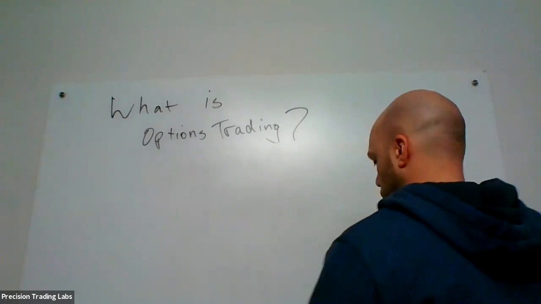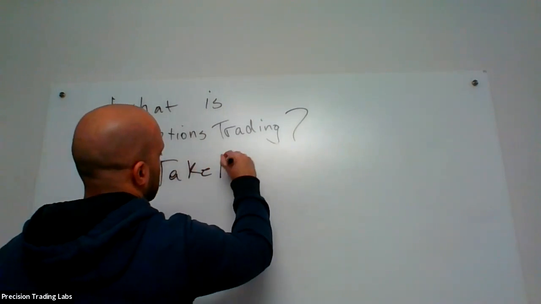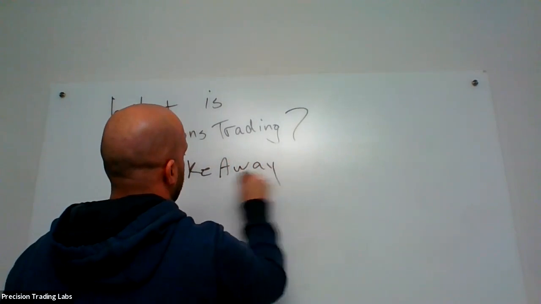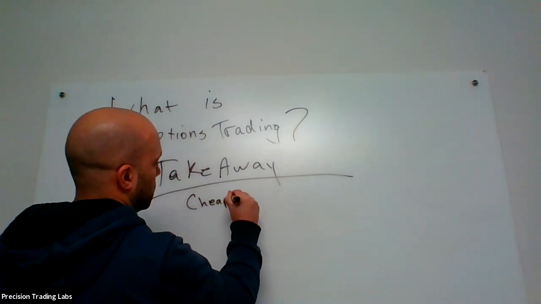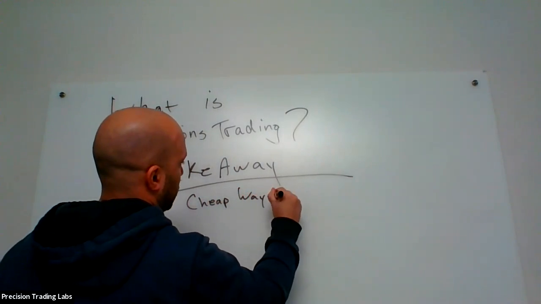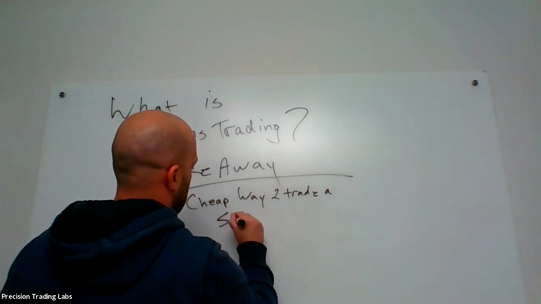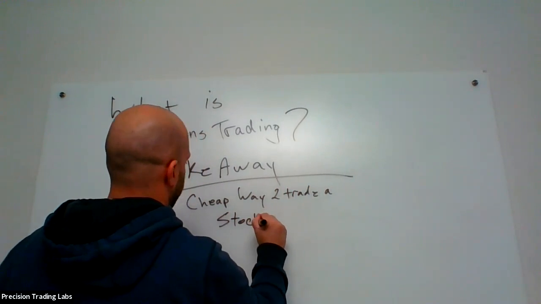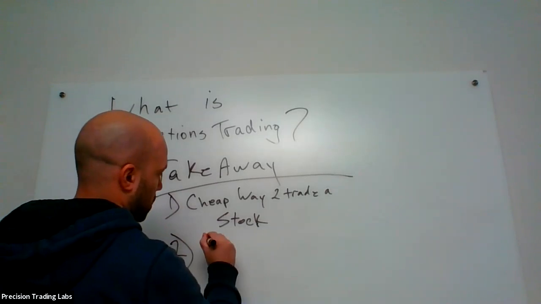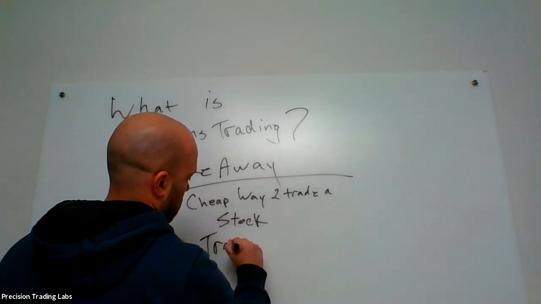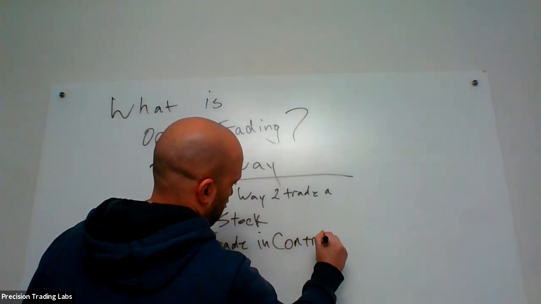Here's your takeaway, the only thing you need to remember from this video to get started trading options. First, it's a cheaper way to trade stock. Then, options trade in contracts.